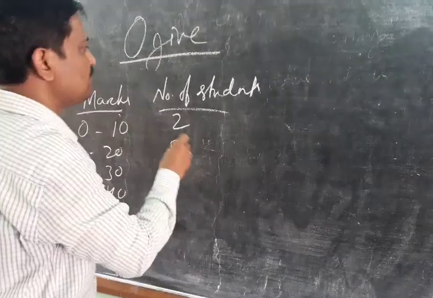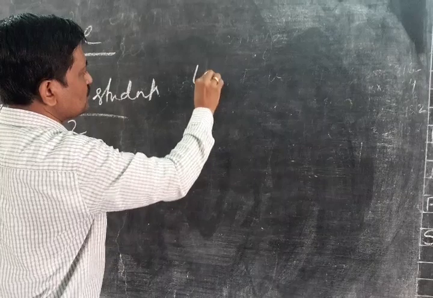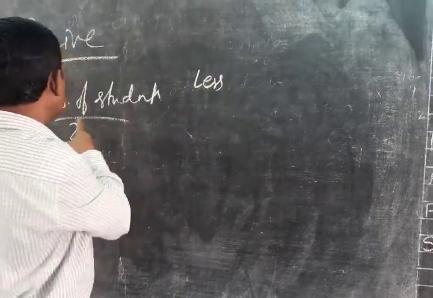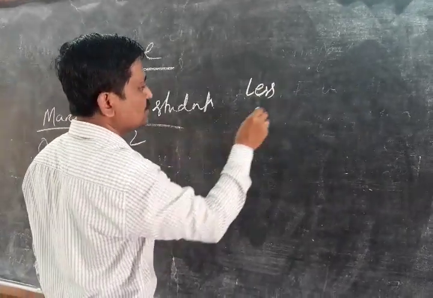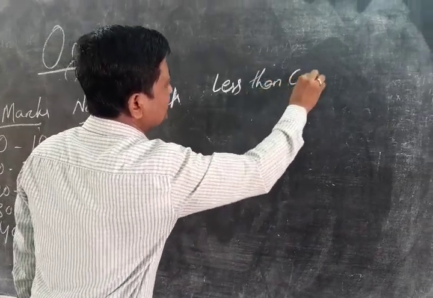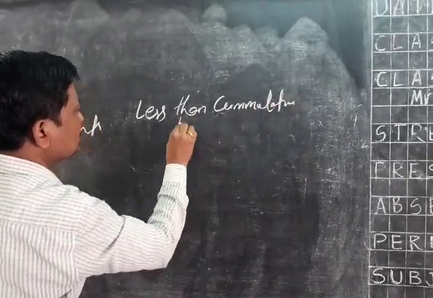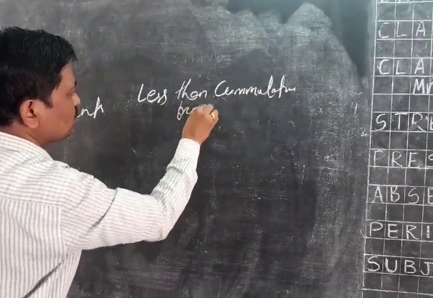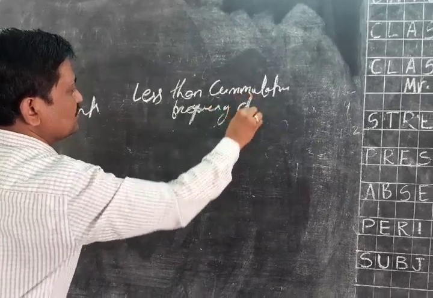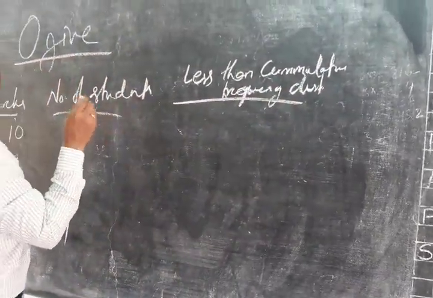For less than ogive, we have to construct the less than cumulative frequency distribution. So we have to convert this normal frequency distribution to less than cumulative frequency distributions. How to construct it?